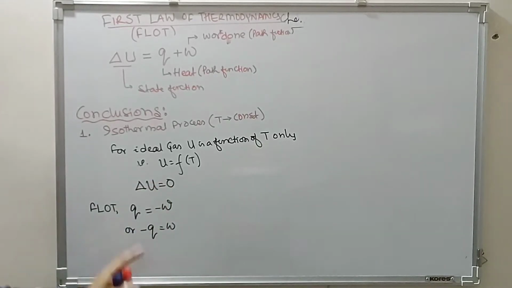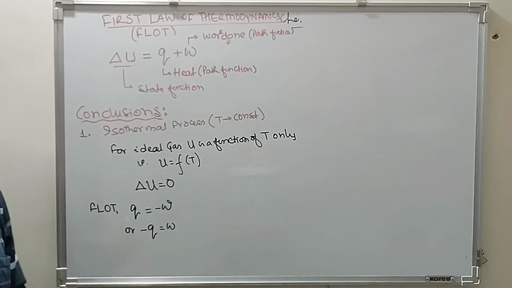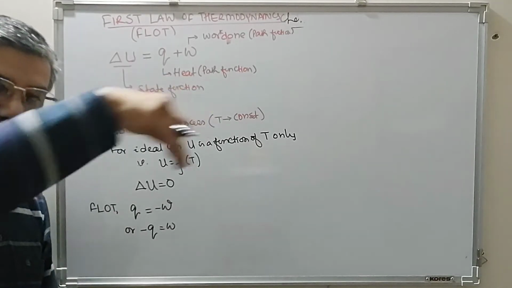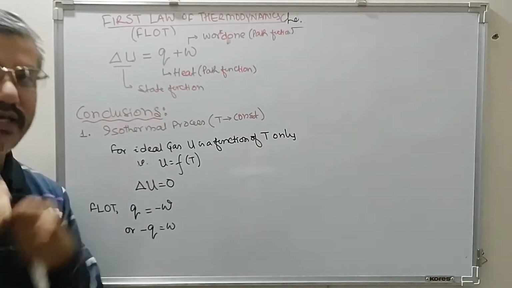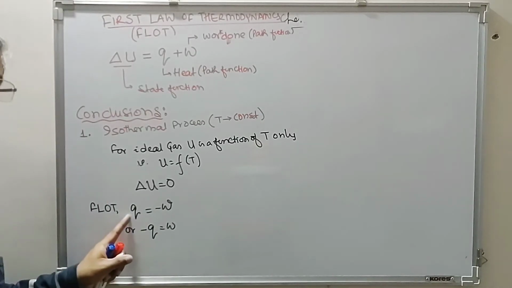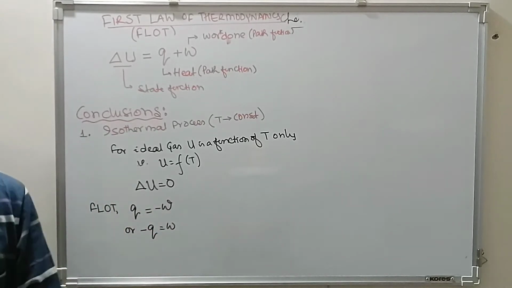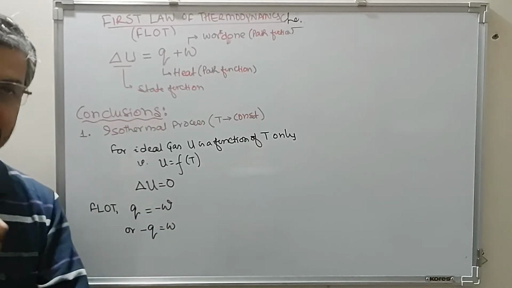Now let's see the significance of this term. Look at this, Q is positive, heat is positive, means heat is transferred to the system. System is absorbing heat. If the system is absorbing heat, Q being positive, work done is negative. If the work done is negative, that means it is work done by the system.